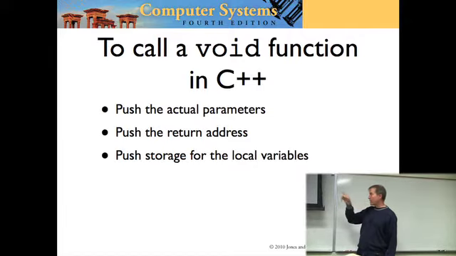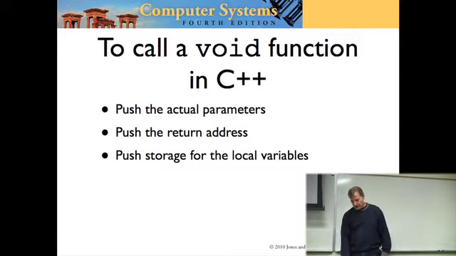Now we already know how it pushes the return address. Which instruction in PEP8 assembly language pushes the return address? We learned that last time. Call. That's the call. Okay. But now we're going to have to learn how to push the actual parameters, and storage for the locals in this one.